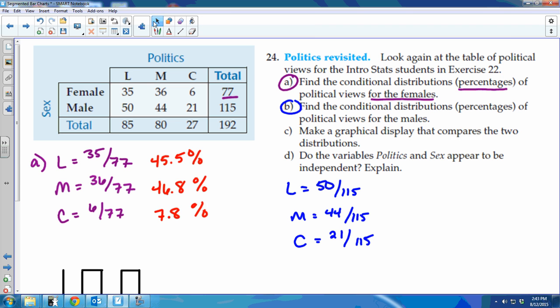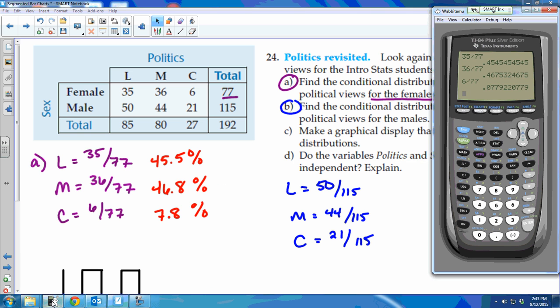Again, you have to find the percentages so you can build up your bars. So 43.5, 38.3, and 18.3. All right.